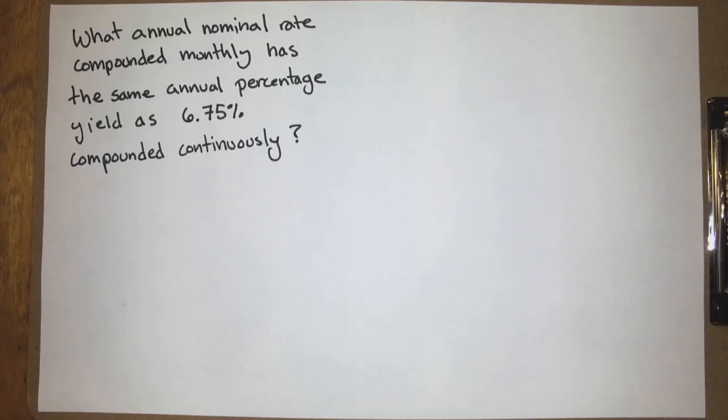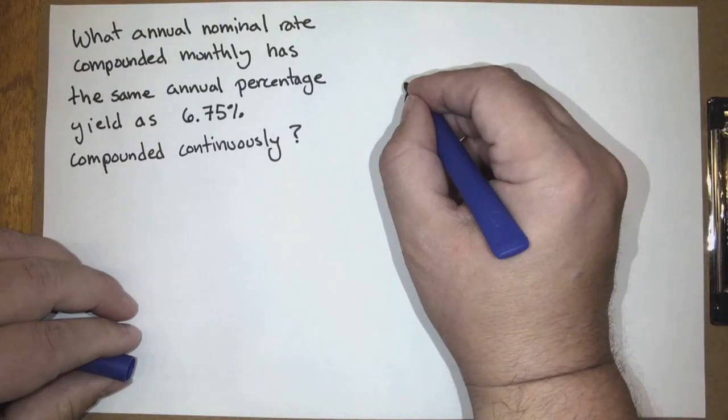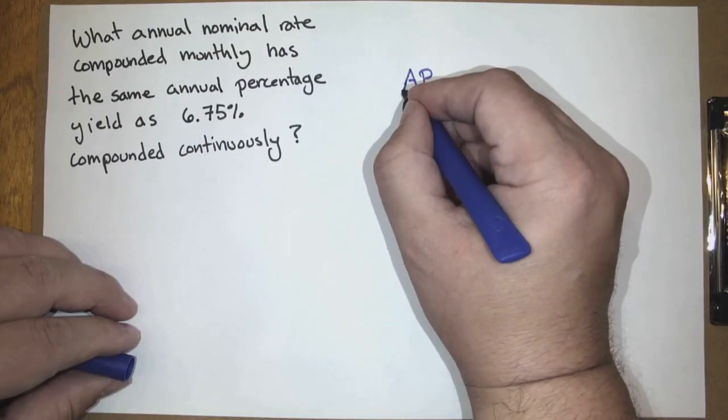The one for continuous: what annual nominal rate, compounded monthly, has the same annual percentage yield as 6.75% compounded continuously? Now, in case you're saying this is a very convoluted problem, it's from the book.